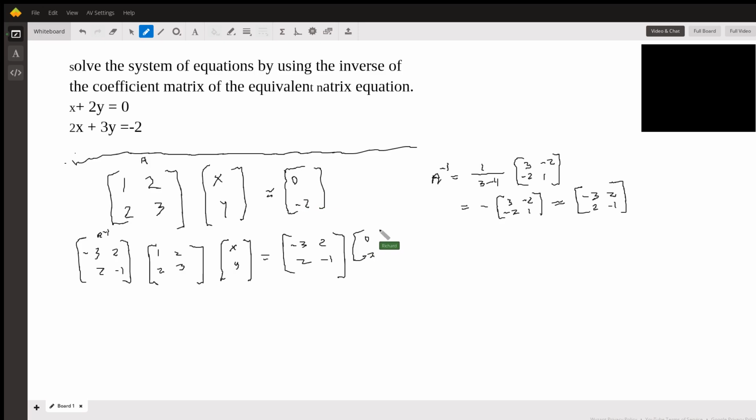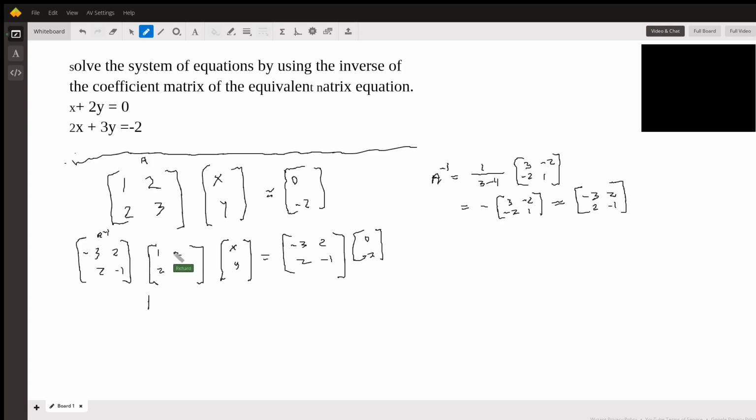Okay. So now we're going to get into matrix multiplication. The first row, first column is going to be this row times this column. So it's -3 plus 4. You see that -3 times 1 is -3, 2 times 2 is 4. So you end up with a 1 here. You're expecting to get the unit matrix, 1, 0, 0, 1, and you do.